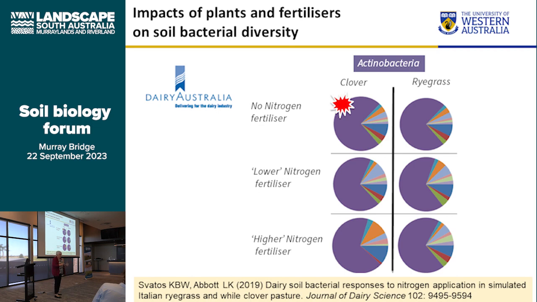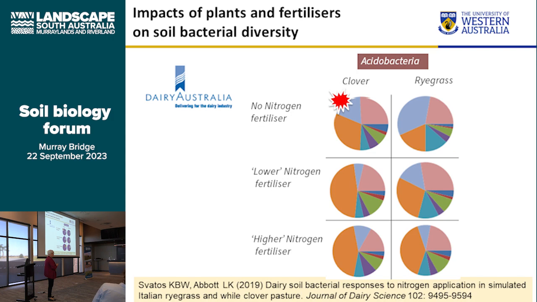So when we added nitrogen or we grew a different plant, there wasn't much change in the community of this group of bacteria in the soil. There wasn't much change. There's probably changes, but at this point in time. Now, when we went to another group of bacteria, and if you start with the bluey bit up the top, you'll see that that has changed.